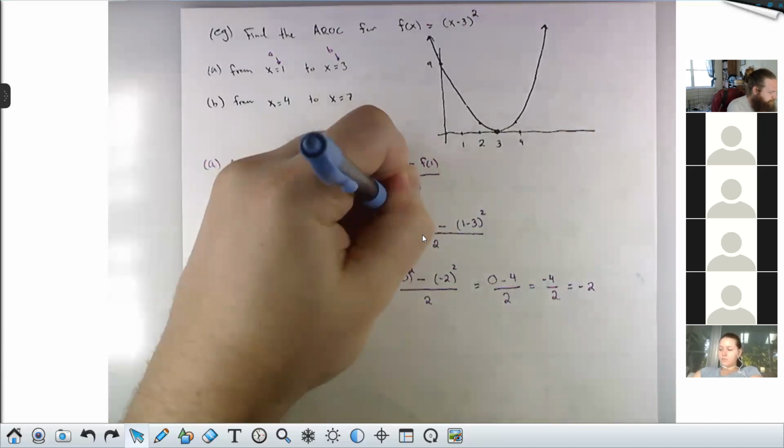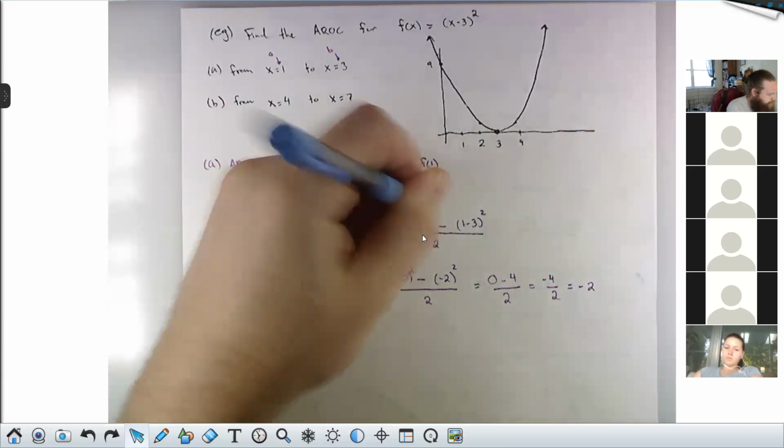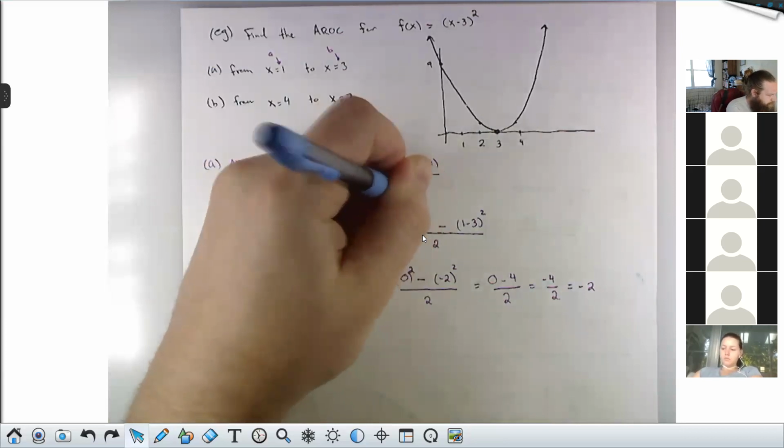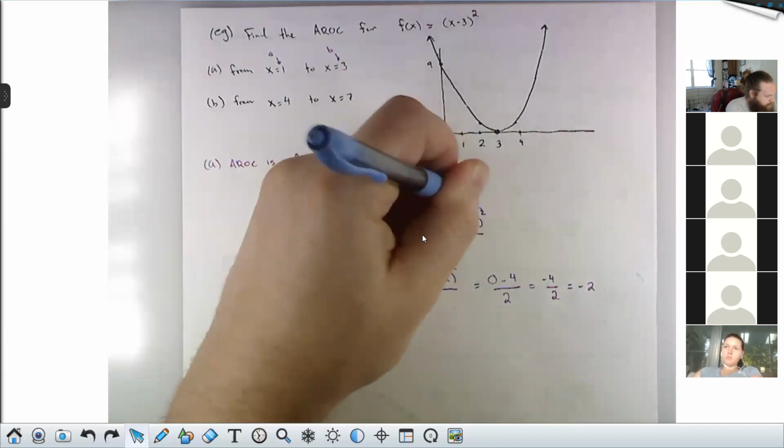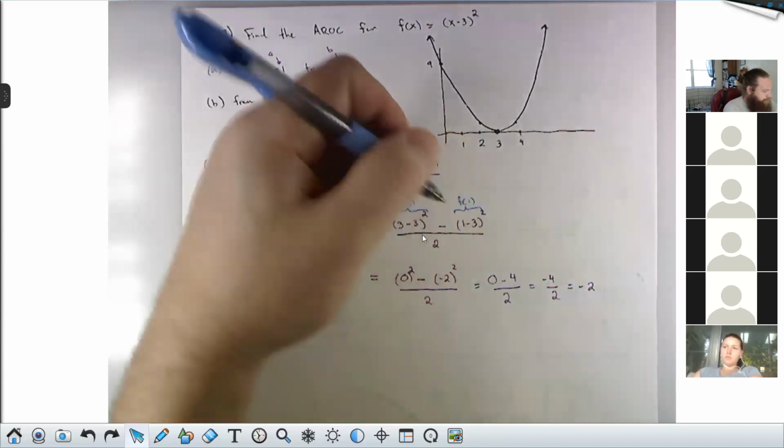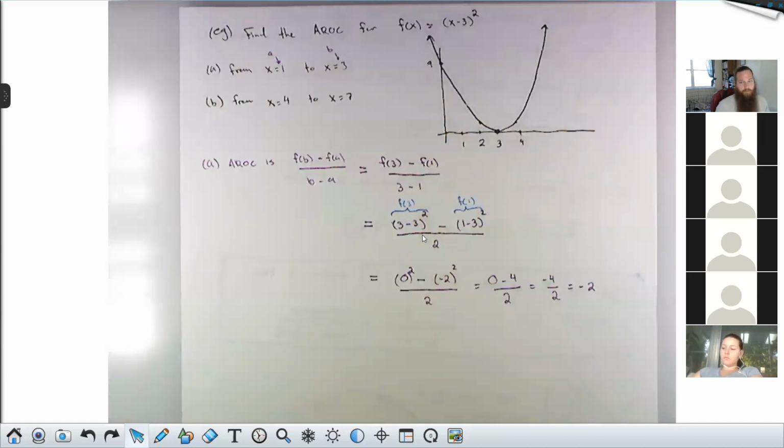Remember this piece right here? This is f of 3. This piece right here, this is f of 1. So I'm just plugging in, right? I've got the explicit algebraic definition of f of x. So if I want to know what is f of 3, I just plug in a 3 for x.